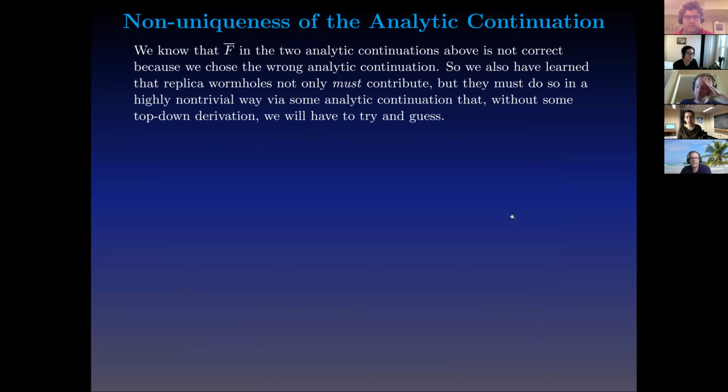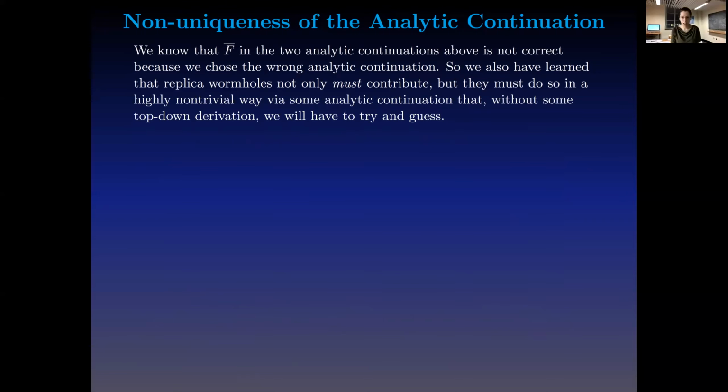If it does not, then neither of these 2 analytic continuations is correct. So we've learned that replica wormholes must contribute, but it seems that they have to do so in a non-trivial way due to the non-uniqueness of the analytic continuation. So we have to find the right analytic continuation to do here.